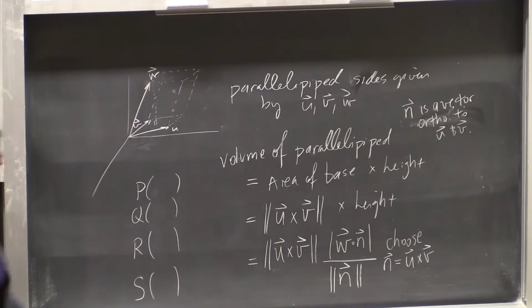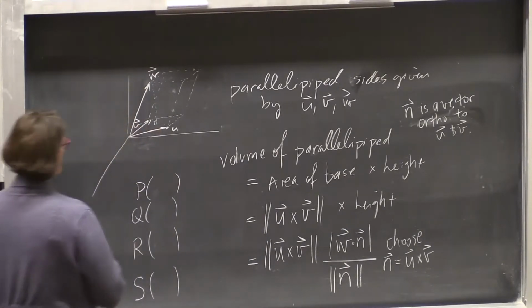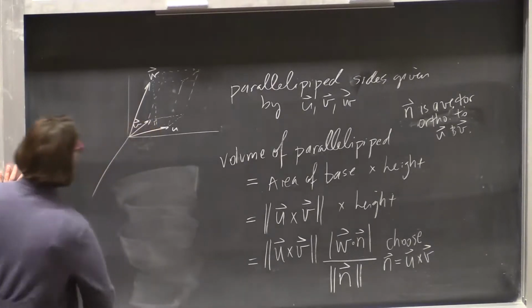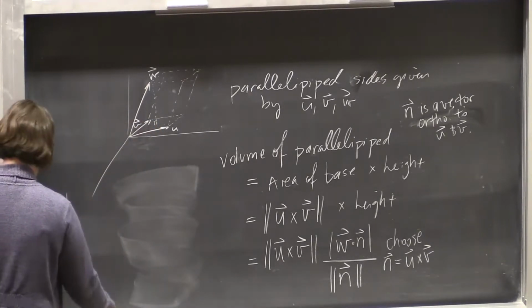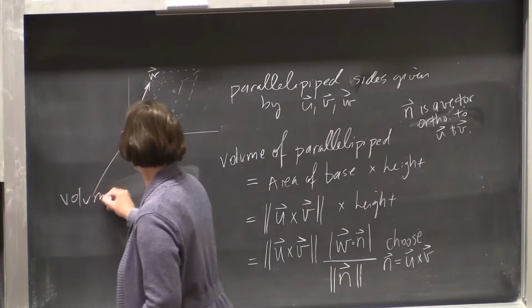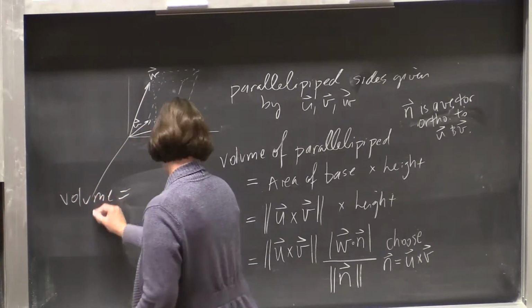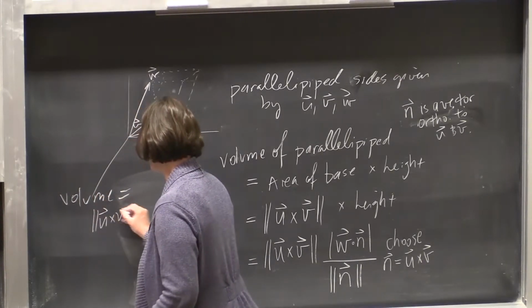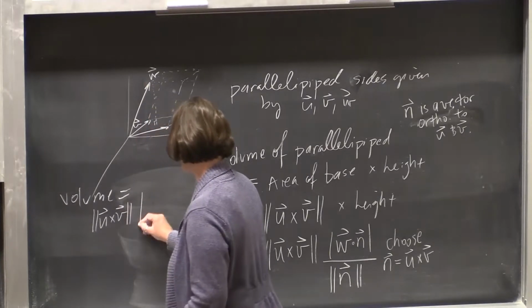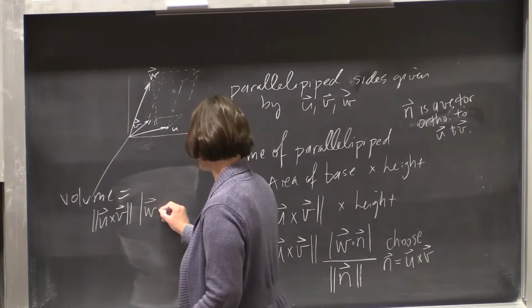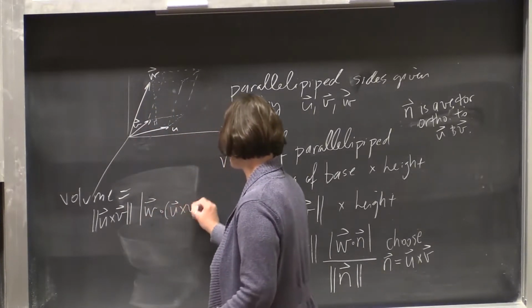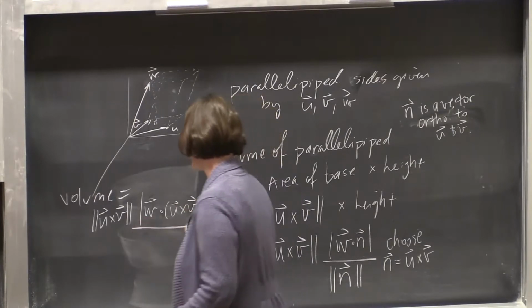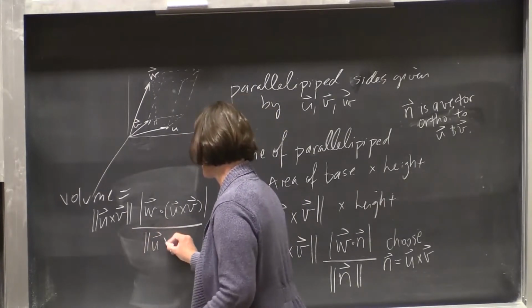If I make that choice, then I get that the volume is equal to the length of u cross v times the absolute value of w dotted with u cross v, divided by the length of u cross v.